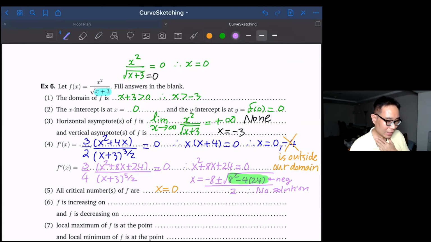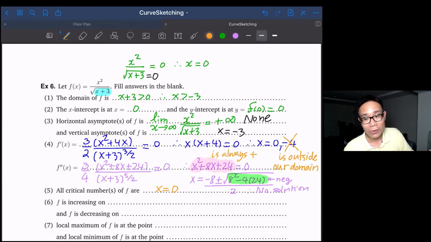Okay, and you see that this turned out to be always positive. Okay, so the pink part here is always positive. How would I know that it's always positive? It's always positive because when I plug in x equal to 0, you get 24, which is positive. And you see that we have no solution, so it's not going to become lower than 0.